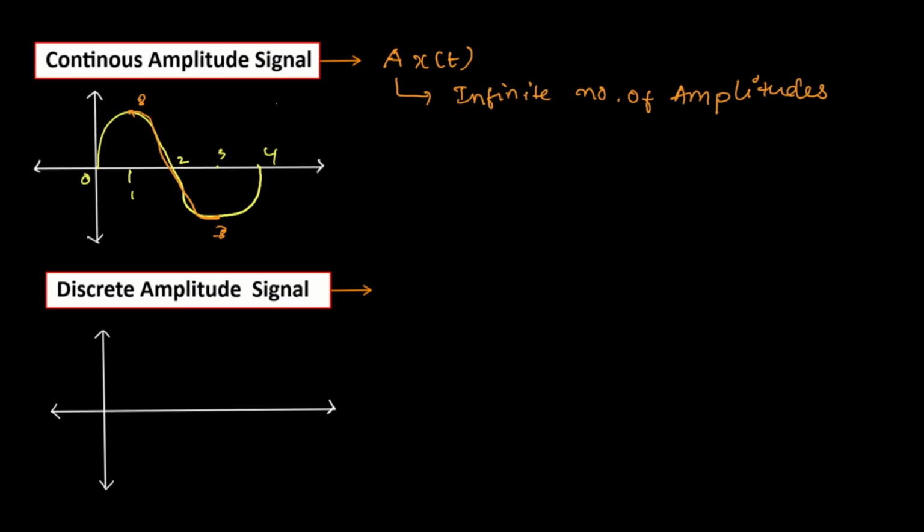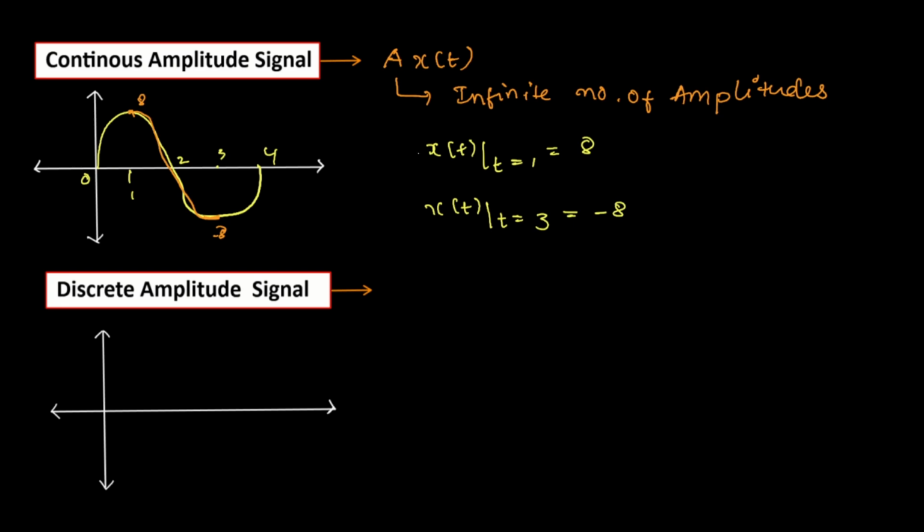And one more thing, let us check for x of t. x of t at t equal to 1 is equal to 8, x of t at t equal to 3 is equal to -8.